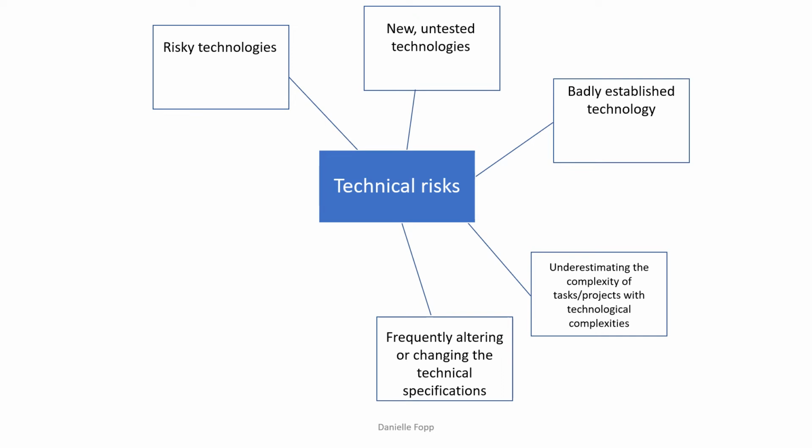There's also a risk for projects where they are frequently altering or changing the technical specification. Now, some projects do carry with them a high level of technical challenges, and those are generally projects that incorporate high levels of technical risk, full stop.